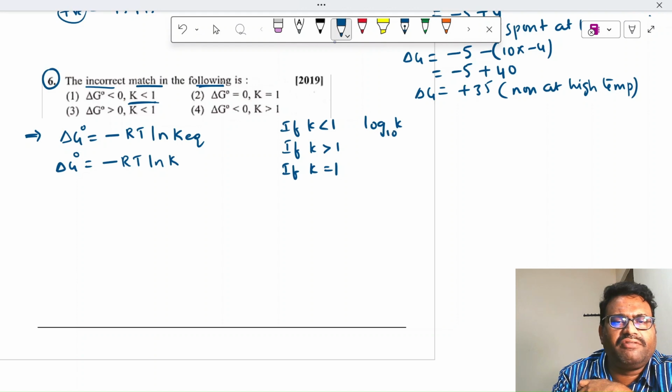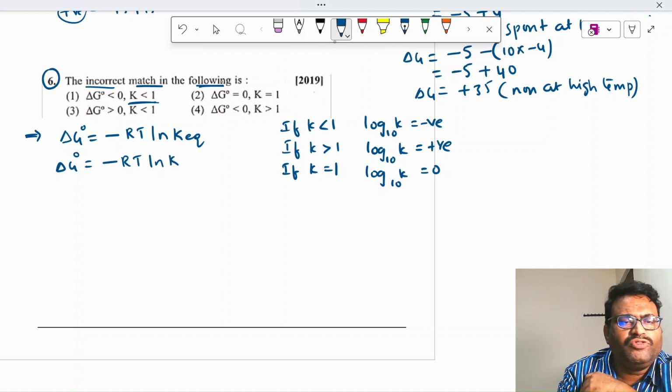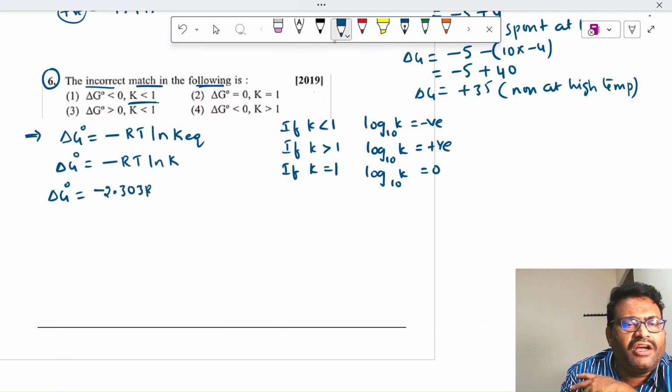Log K base 10 will be equal to... for understanding purpose, I am writing in this way. So this can also be written as delta G naught is equal to, if you convert the log K, that is log K means here it is base e, then I can write it as minus 2.303 RT log K base 10.